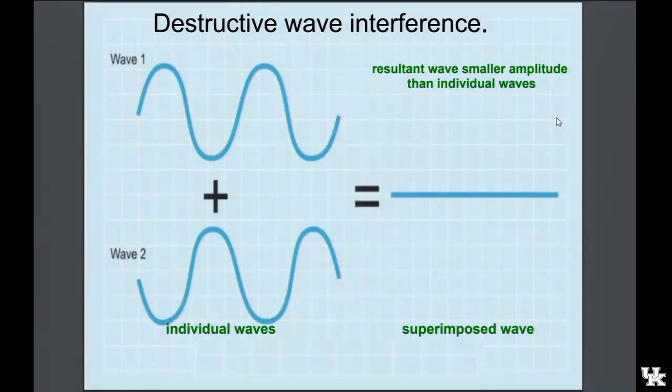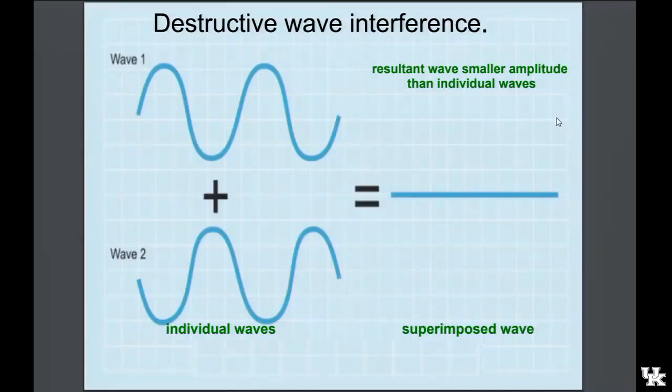And in this case, these two waves collide with one another and they superimpose actually to cancel each other out. So what's happening here? When wave number 1 is a crest, that's this moment here, wave number 2 is a trough, that's this moment here. And so the crest and the trough cancel each other out. When wave number 1 is a trough, wave number 2 is a crest.